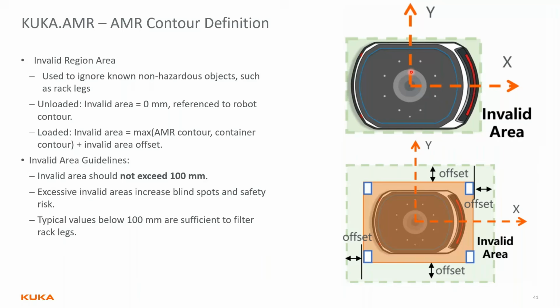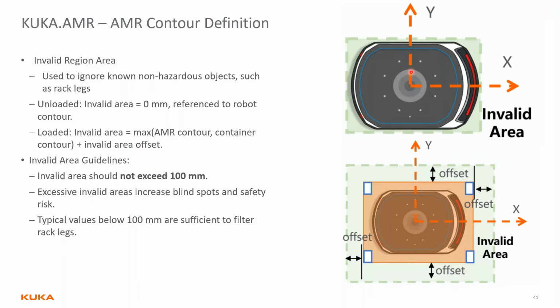There is a concept of invalid region area, or ignore area, you can call it. This is an area around the AMR with a certain distance, and the AMR is going to ignore anything that comes into this area. So rack legs are going to be ignored, and anything hanging down from the top of the AMR is going to be ignored.